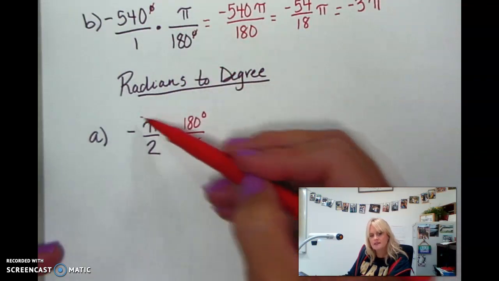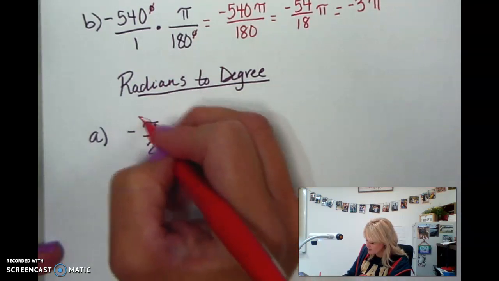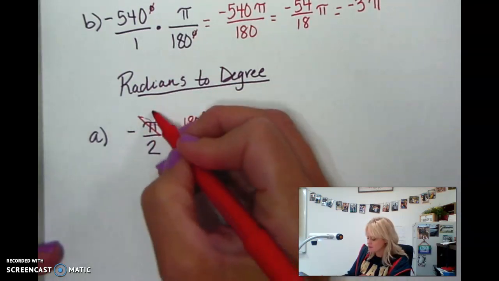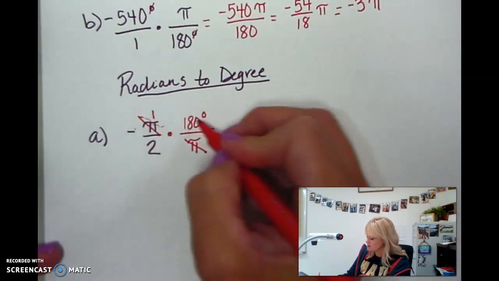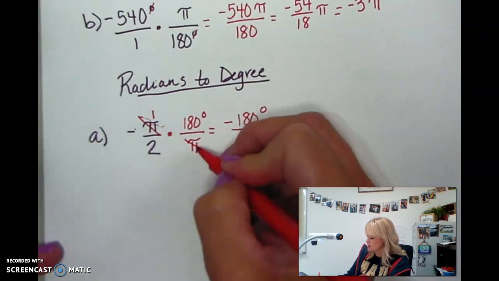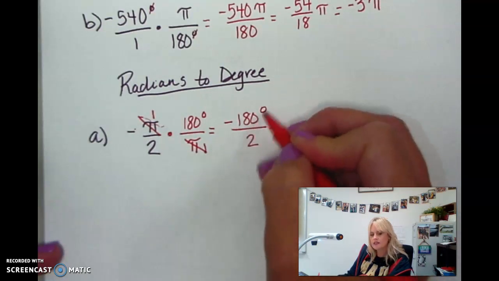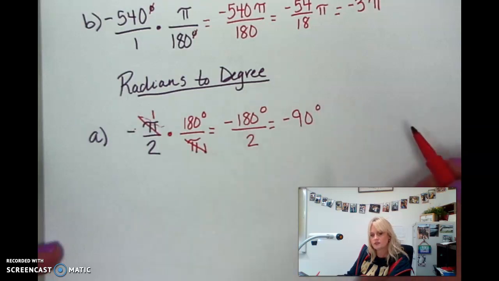Now I want pi on top and pi on the bottom, because watch what's going to happen with my pi's. If I have a pi on the top and a pi on the bottom, they cancel. And this is just like having a 1 there. So now I have negative 1 times 180 degrees over 2 times 1, which is 2, and negative 180 degrees divided by 2 is negative 90 degrees.